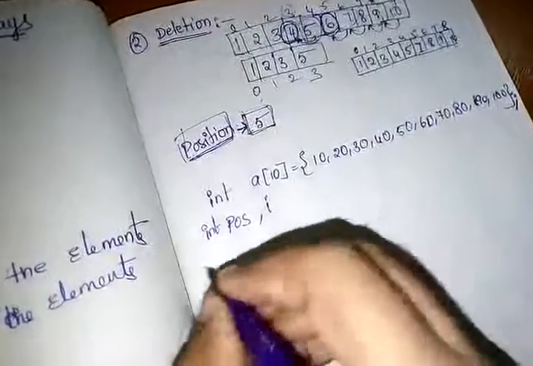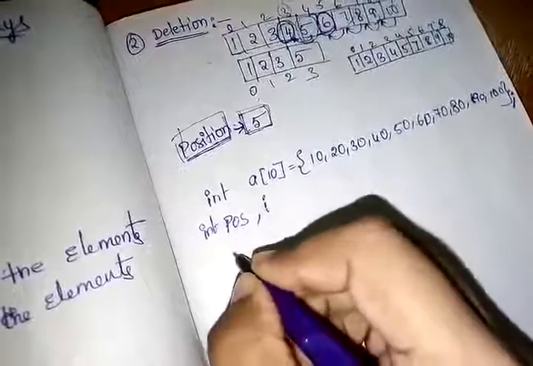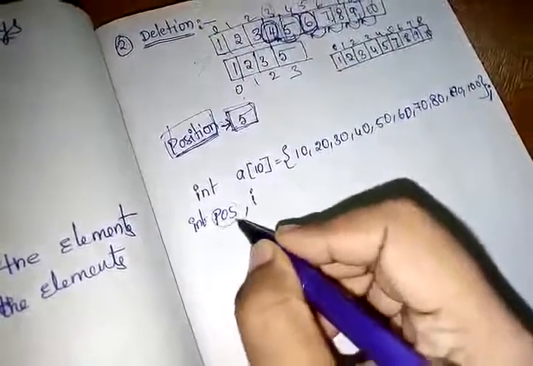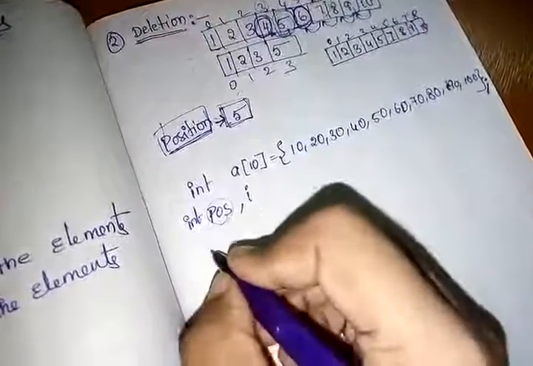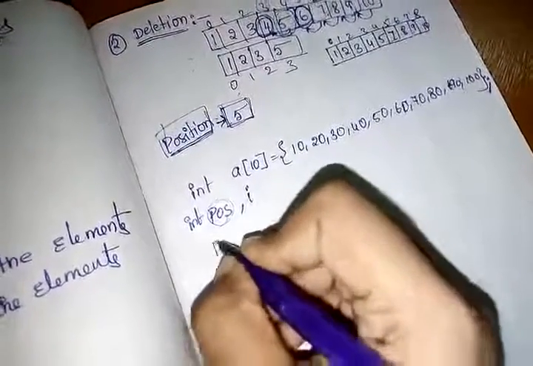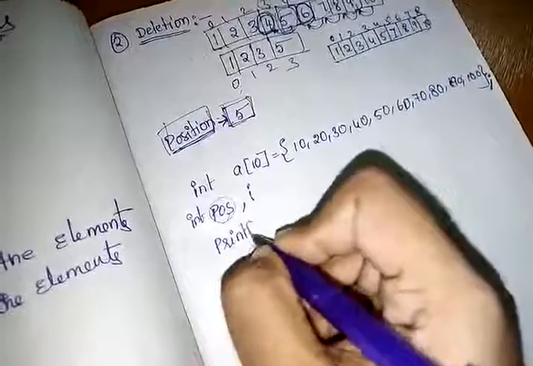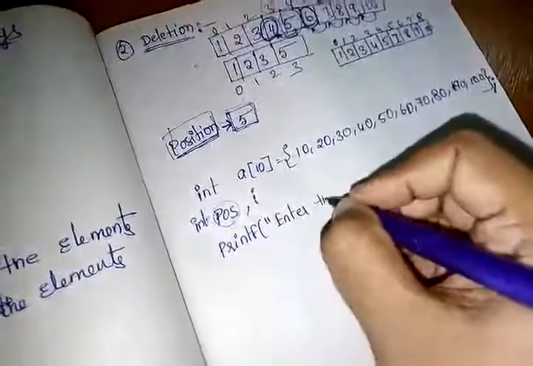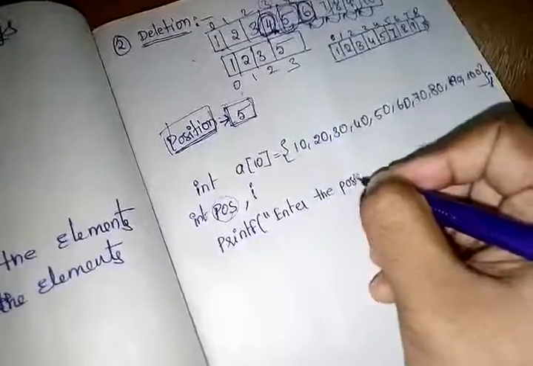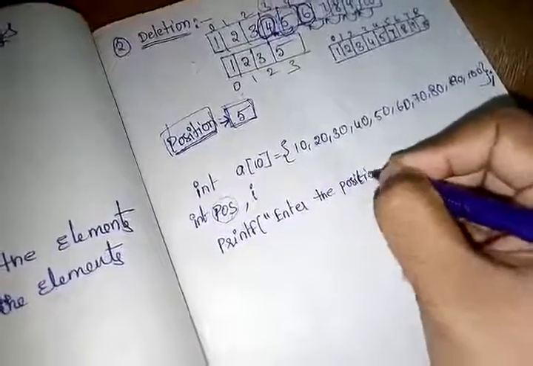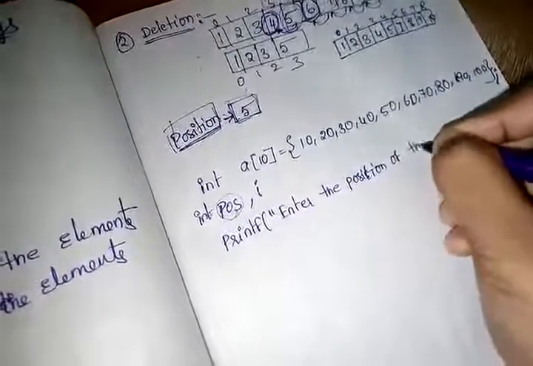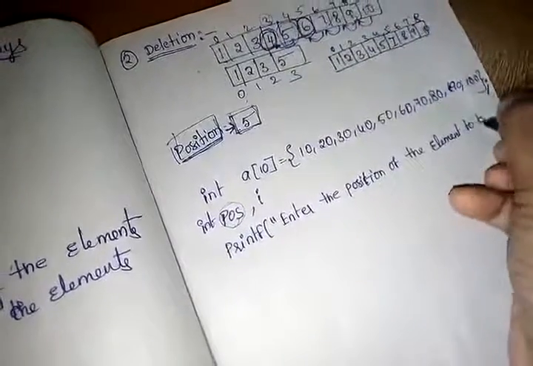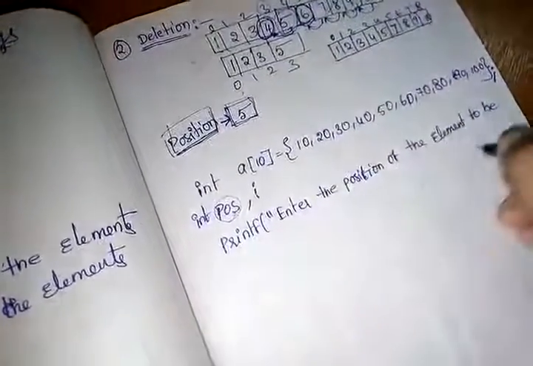Now we need to take the input from the user, that is, which position the user is about to delete. For that I am writing a printf statement: Enter the position of the element to be deleted.